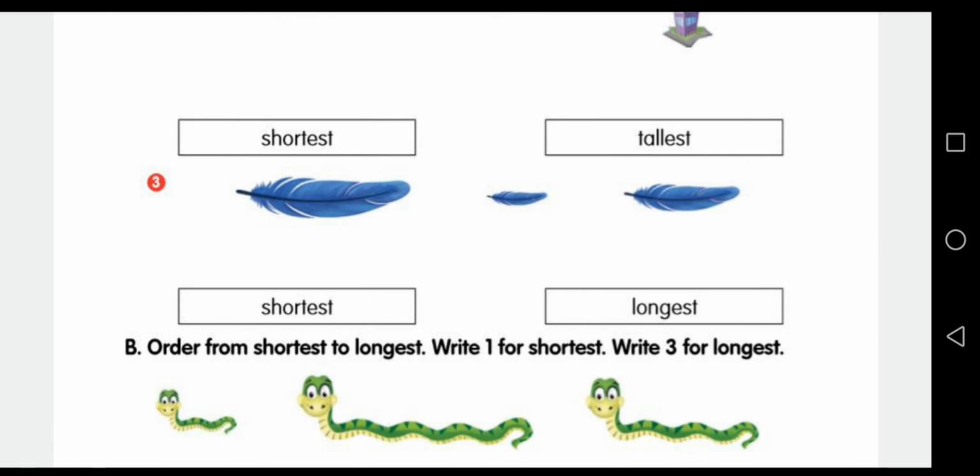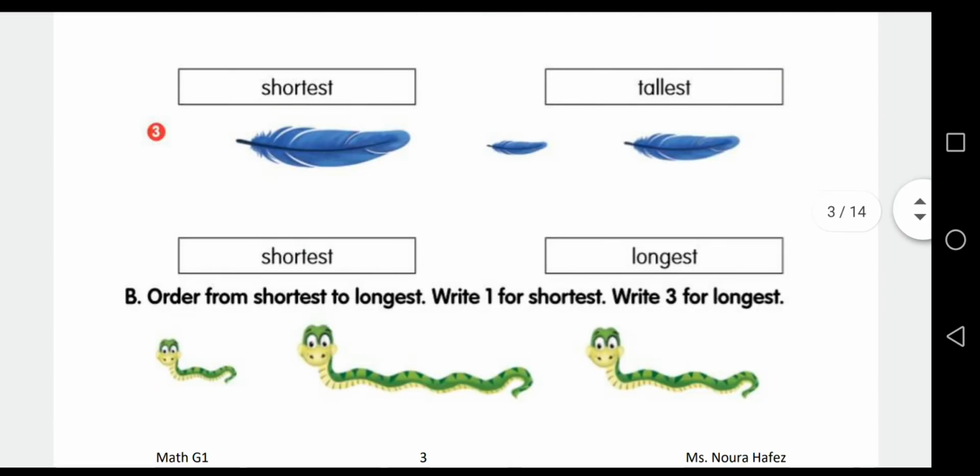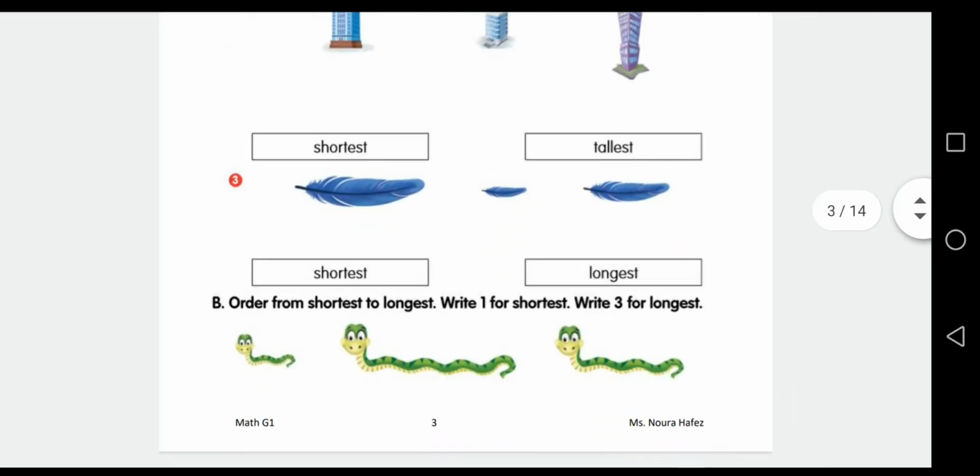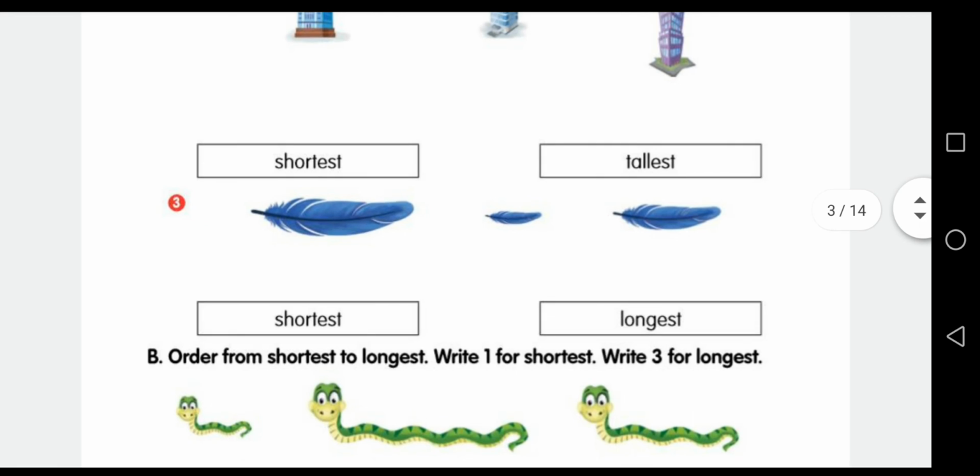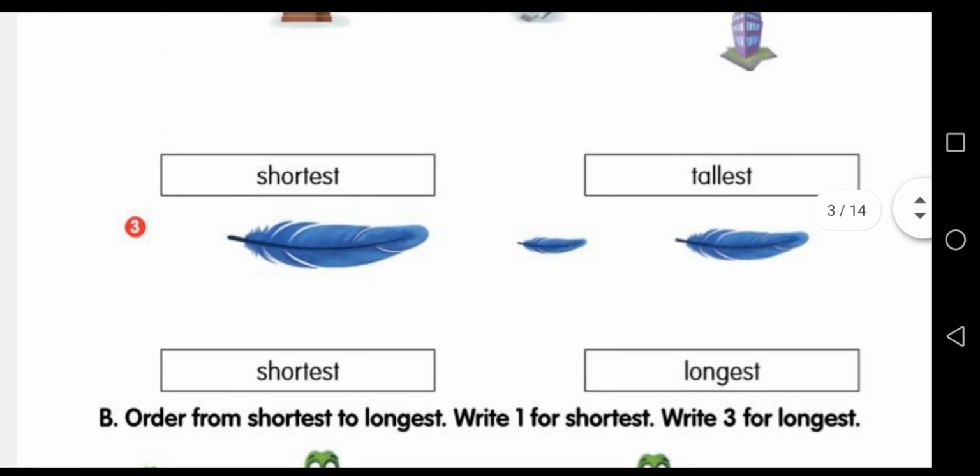Now, I have 3 feathers. Can you see? I have feather number 1, feather number 2, and feather number 3.